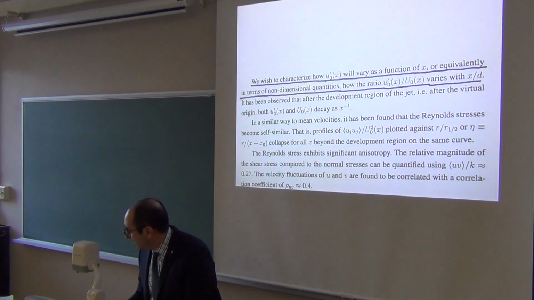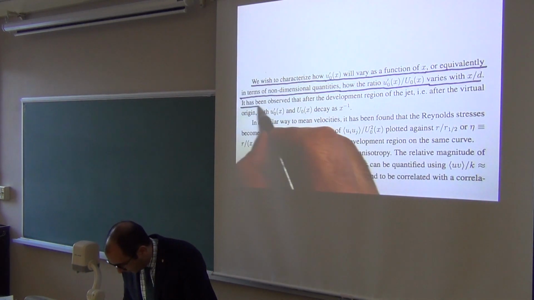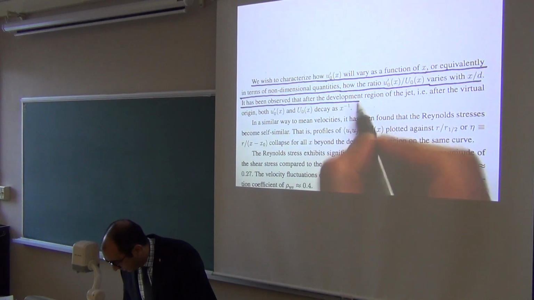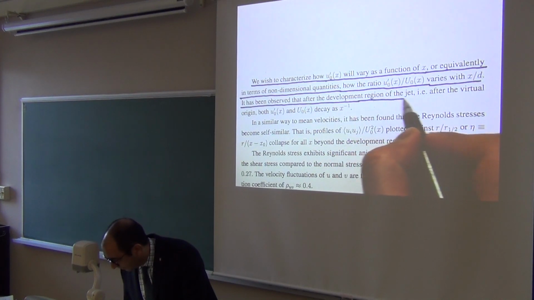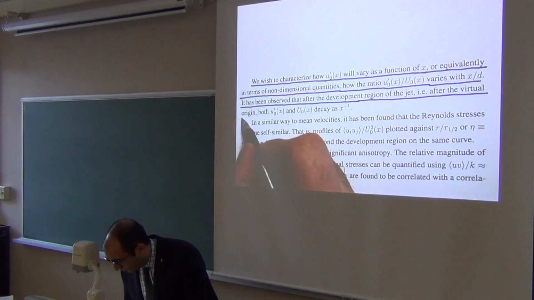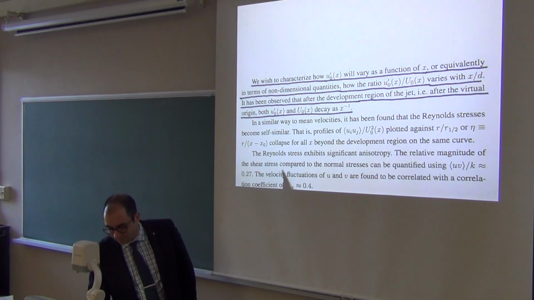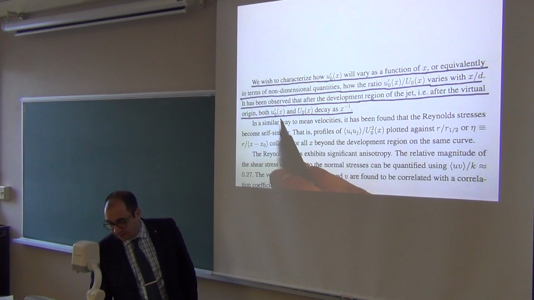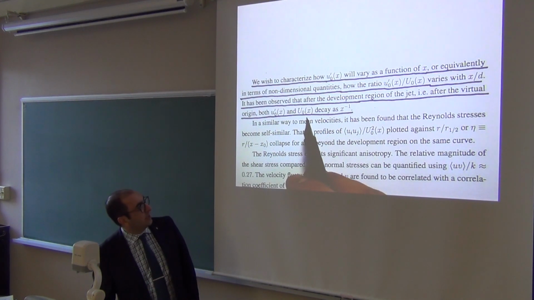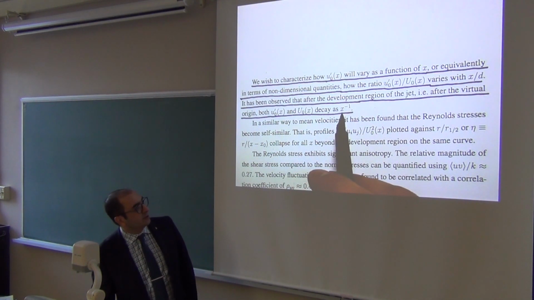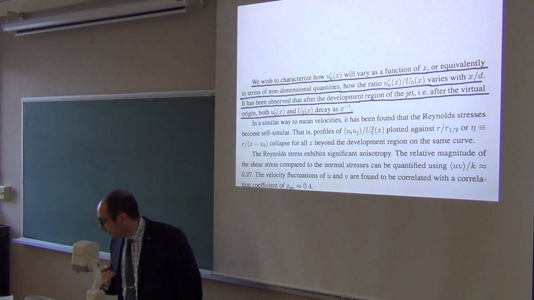It has been observed that after the development region of the jet, i.e. after the virtual origin, both of these quantities, fluctuation of the axial velocity and the mean axial velocity on the central axis, decay as the inverse of x. So this has been observed.